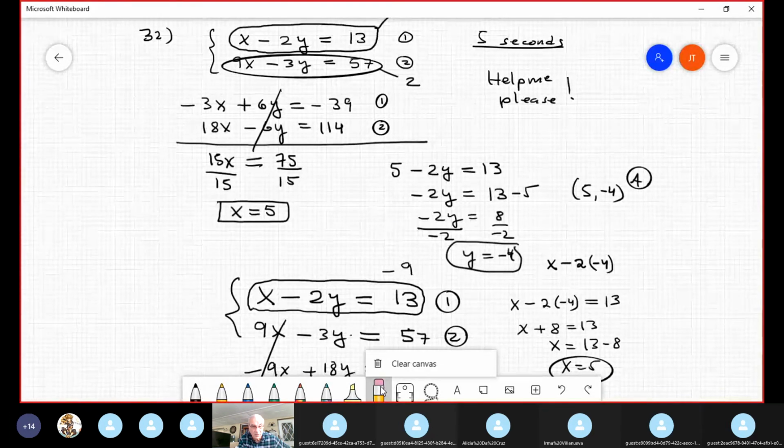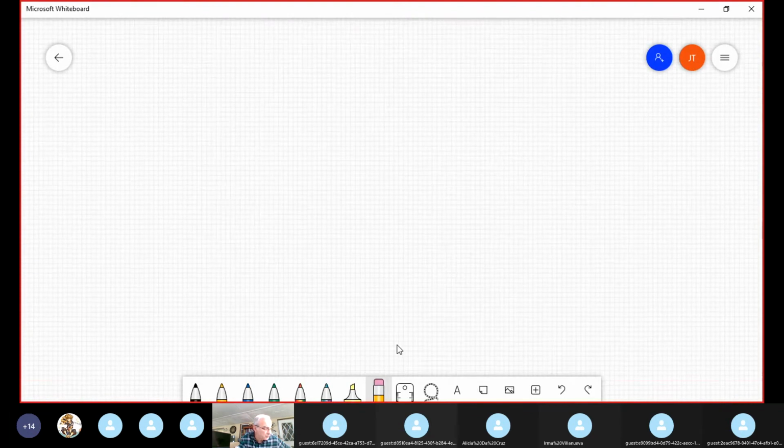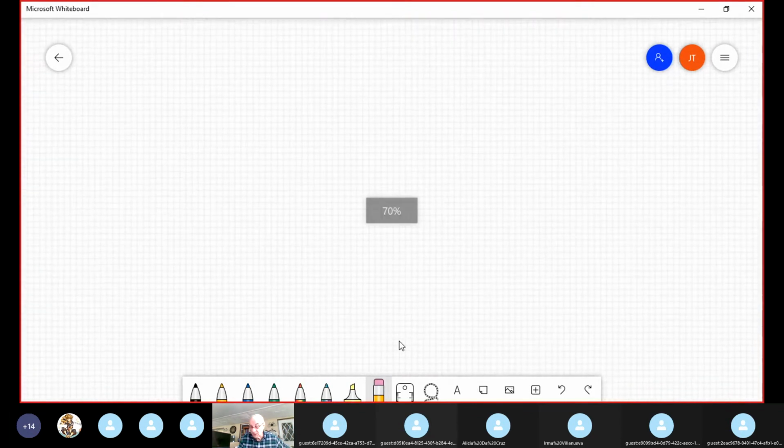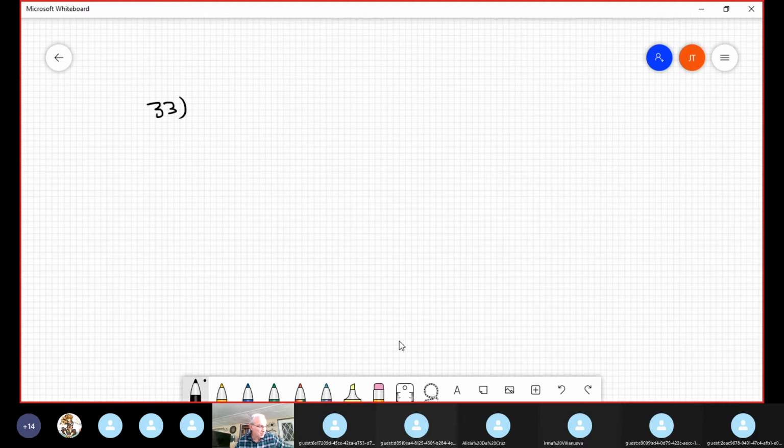Okay, let's move on to example 3. Again, the most common case. Completely crazy coefficients. x plus 6y equals 6, equation 1.